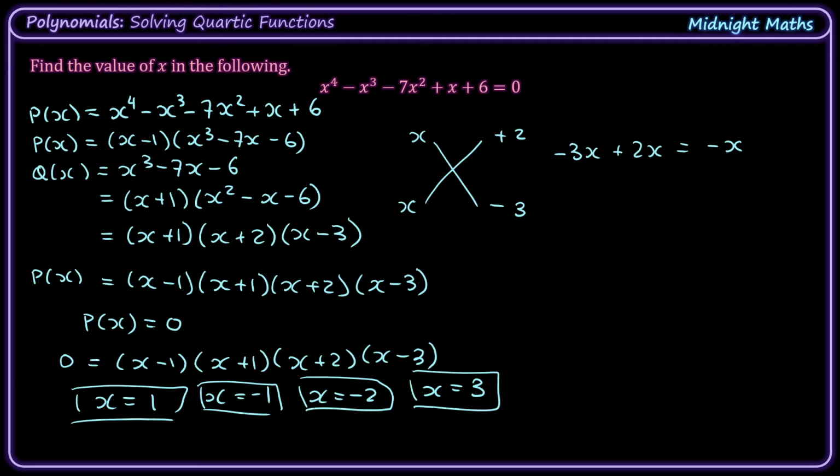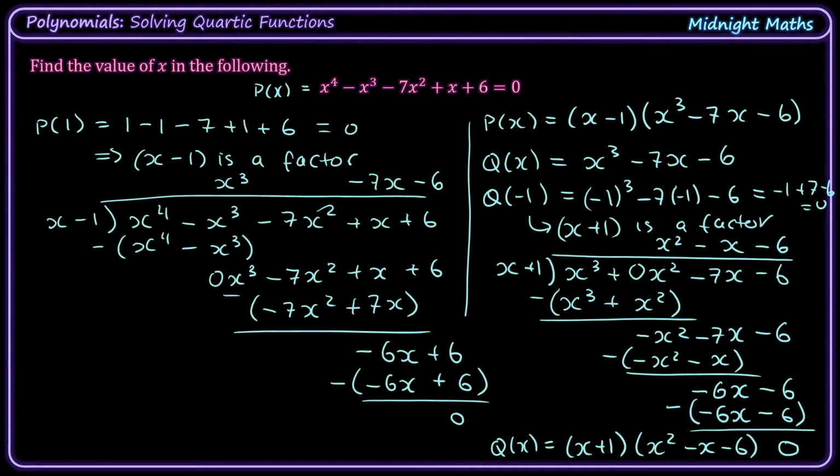And just as a recap, what we had to work through was quite a lot of steps. So we started by factorizing this. First, we had to find a factor, which we did with the factor theorem, and after doing one round of long division, we ended up with a linear term and a cubic term.